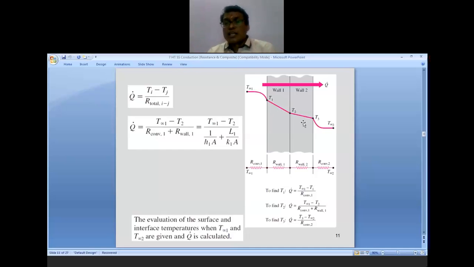Now on the other side, I can take T infinity 2 and T3. There I can consider only the convective resistance because of the gases. So only R convective is taken into account. I can also do the calculation associated with T infinity 2 and T2. That can also be done.